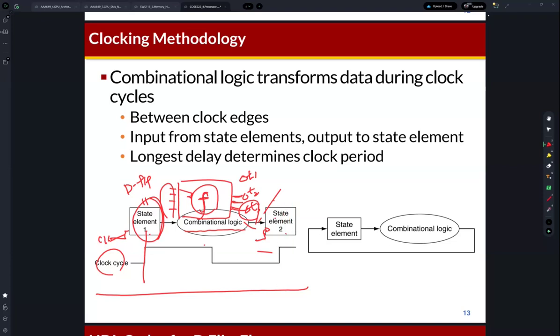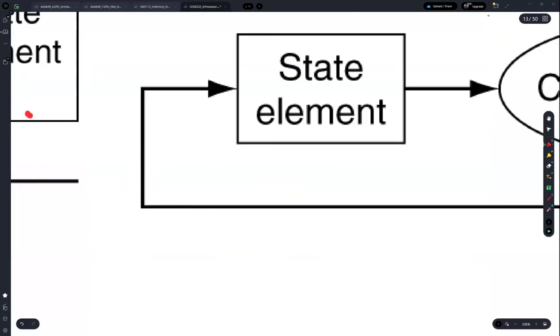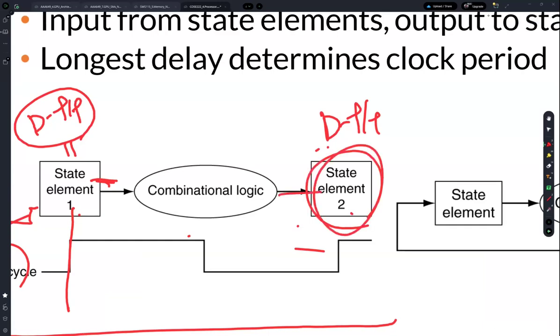So there are two D flip-flops: one provides the input signals to this combinational logic, and the other receives the output from it, and this is the clock signal. That's how we design a typical digital system.